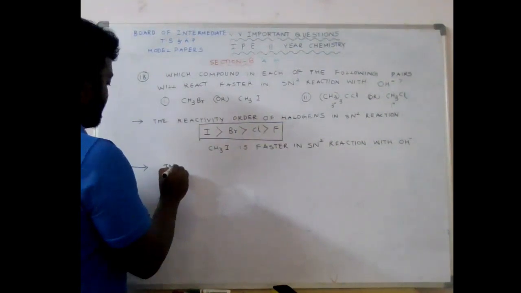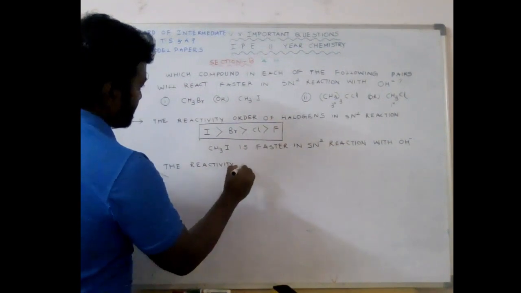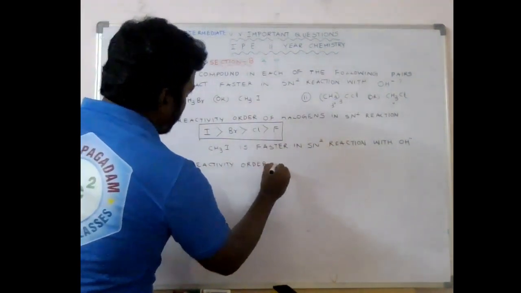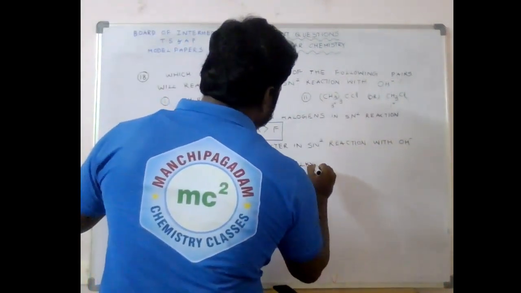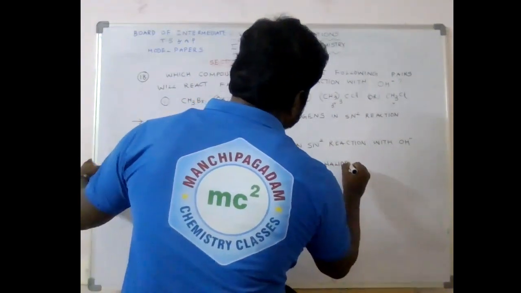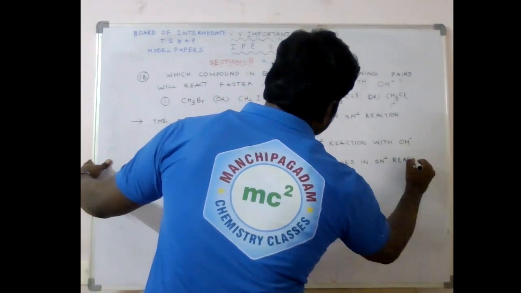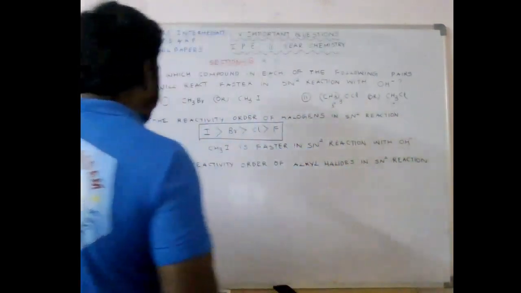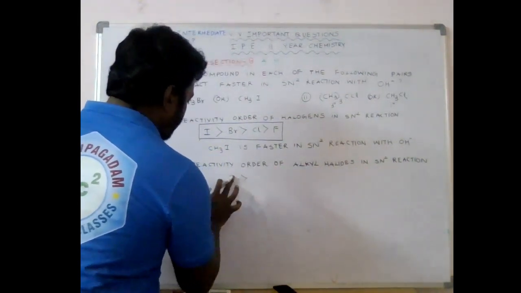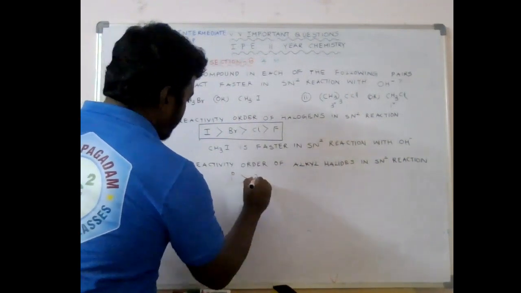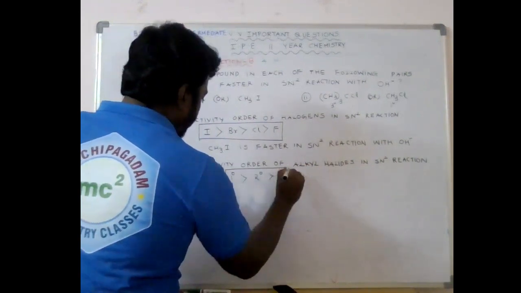So now, based on SN2 reaction, the reactivity order of alkyl halides in SN2 reaction: primary is greater than secondary is greater than tertiary. Okay. So based on this, you can answer this.